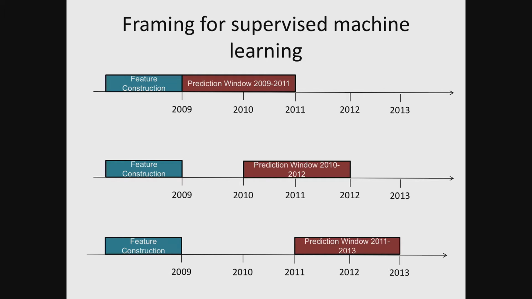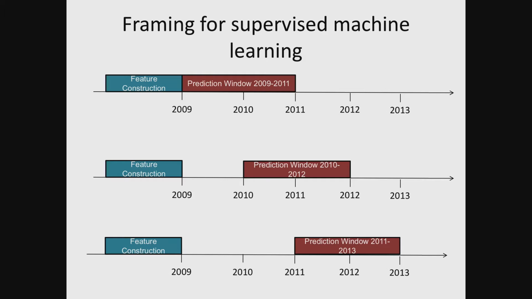And we're going to go back in time. We're going to pretend it's January 1st, 2009. And we're going to say, suppose that we had run this risk stratification algorithm on every single patient on January 1st, 2009. We're going to construct features from the data in the past, so the past few years, and we're going to predict something about the future. There are many things you could attempt to predict about the future. I'm showing you here 3 different prediction tasks corresponding to different gaps: a 0-year gap, a 1-year gap, and a 2-year gap.